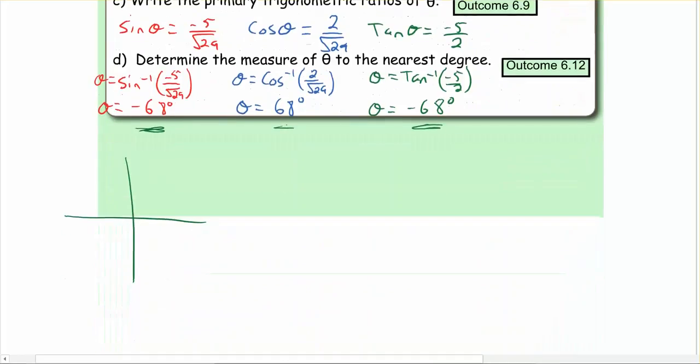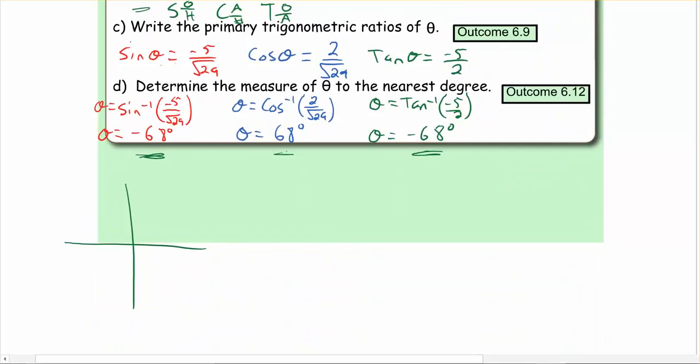But if I look at sine theta, it is equal to -5 over square root 29. According to my CAST rule, sine was negative in this one and this one. Sorry, I lied to your face.